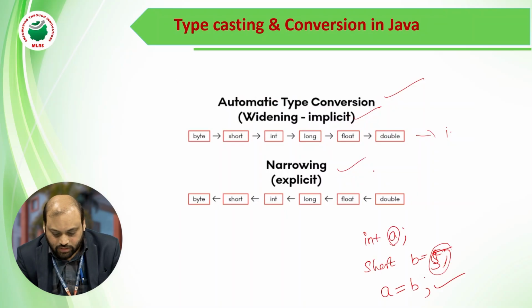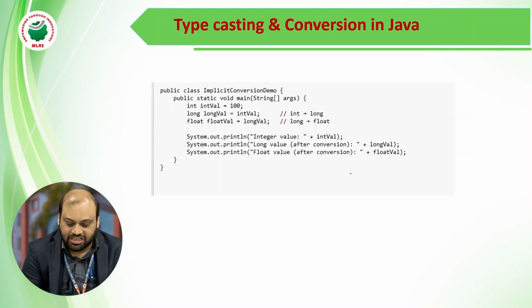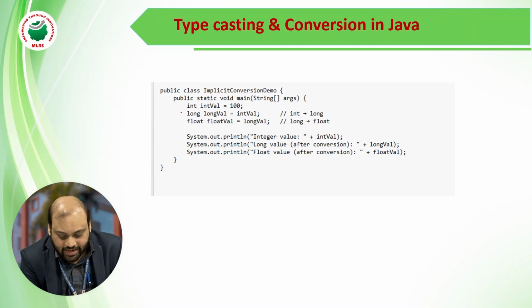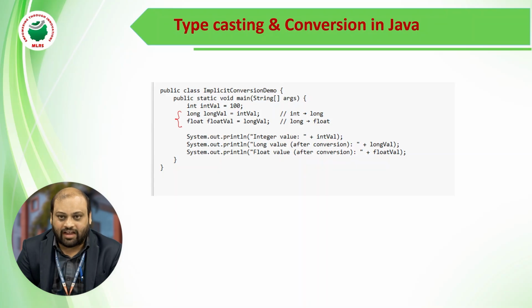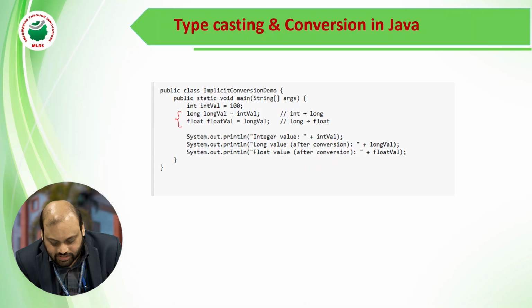But if you want to go for implicit, there is nothing. There is no code used here, no other programming knowledge is required. Automatically it is going to be done. Here the integer value I am taking is 100. Here I took a long value, and inside of that long I am storing the integer.